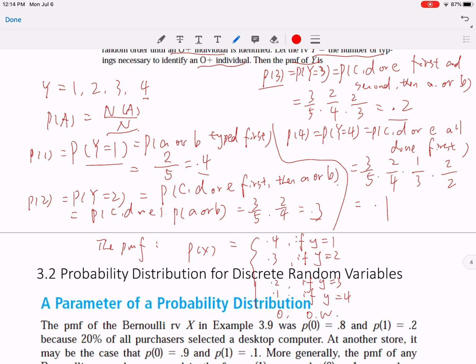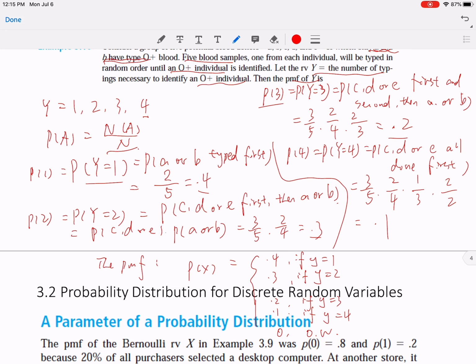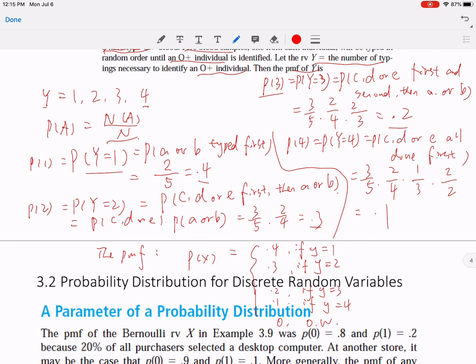And that's how we find the PMF of a distribution. So basically, if you want to find a PMF of a random variable, first of all list all of the possible outcomes, and then find the probability of each possible outcome.